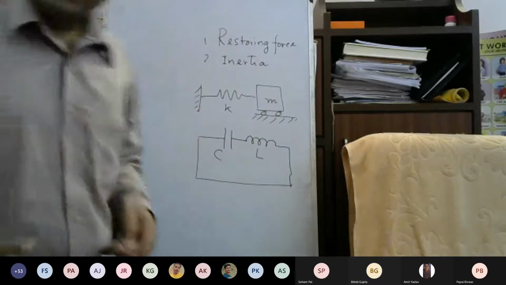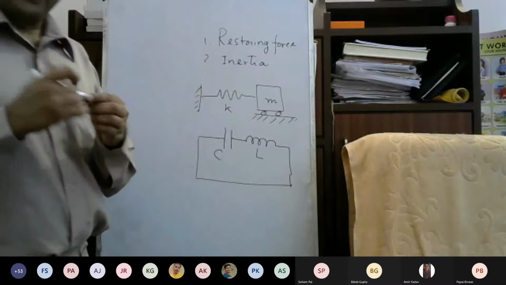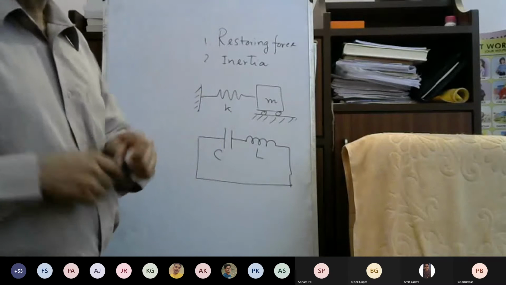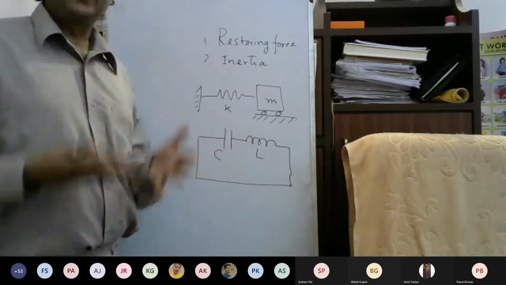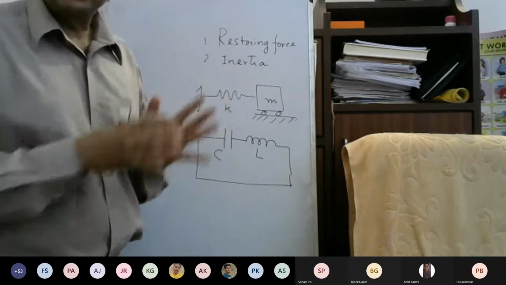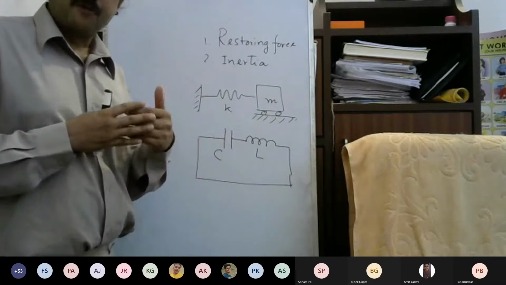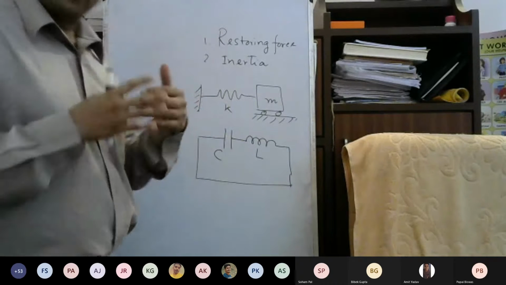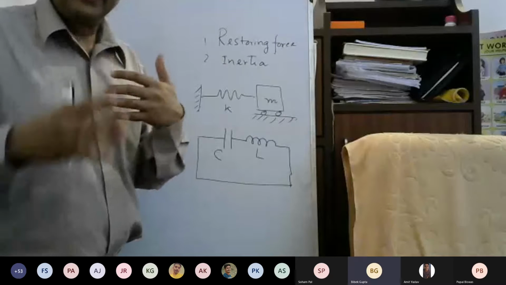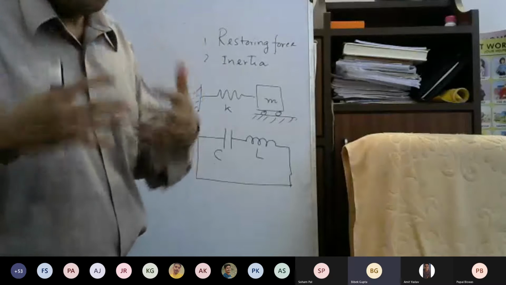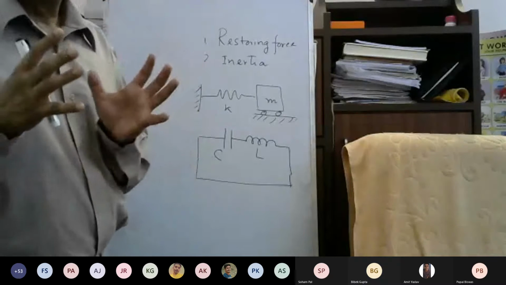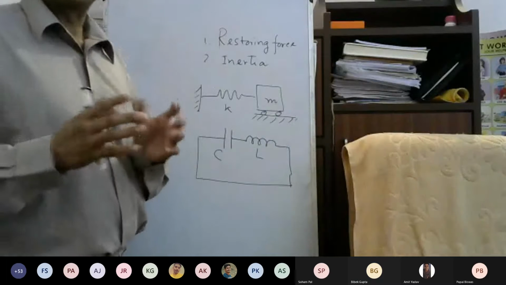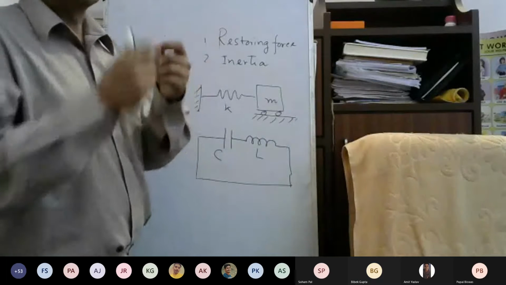In chemical engineering, of course, there will be chemical oscillations. It is very rare to find oscillatory chemical systems, but they exist. There is a back and forth production of the reaction product.